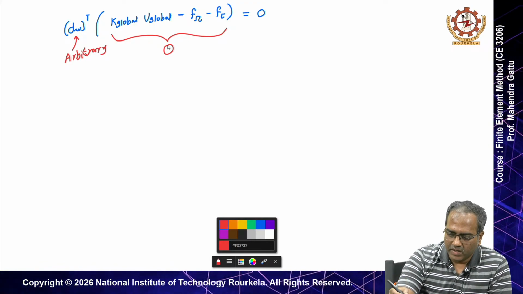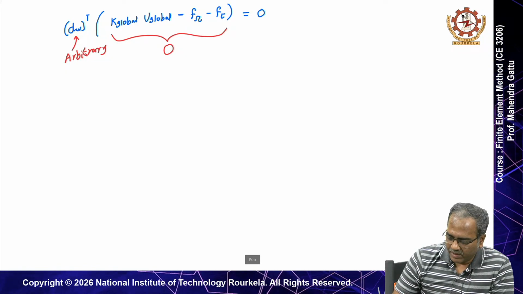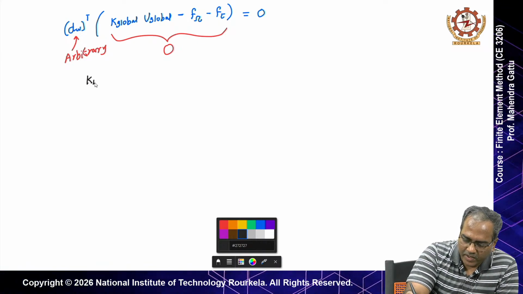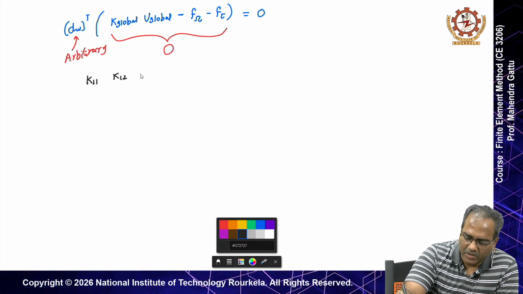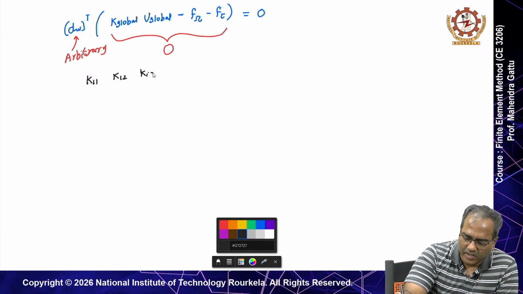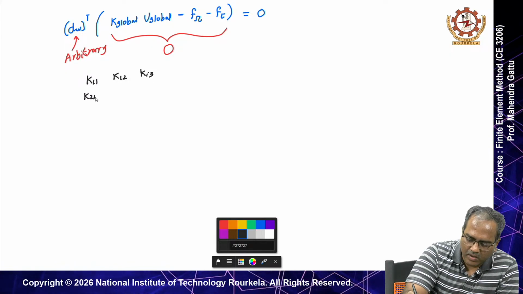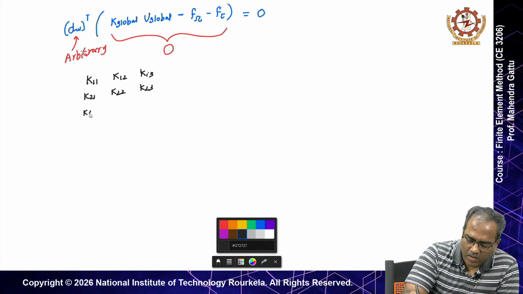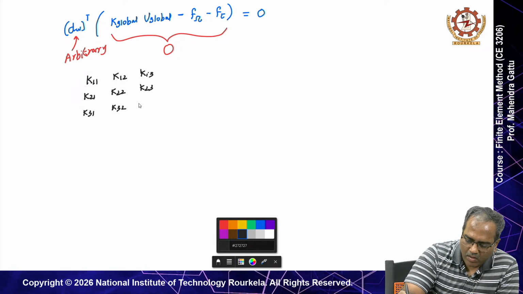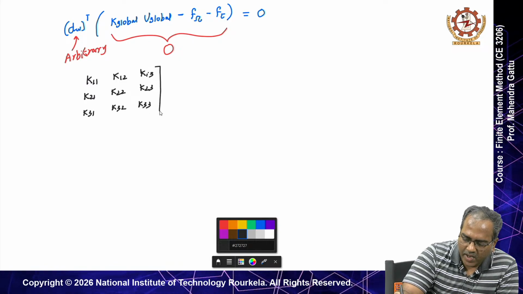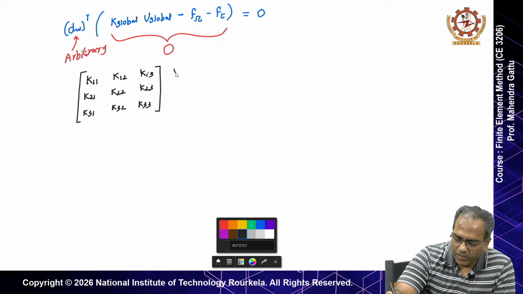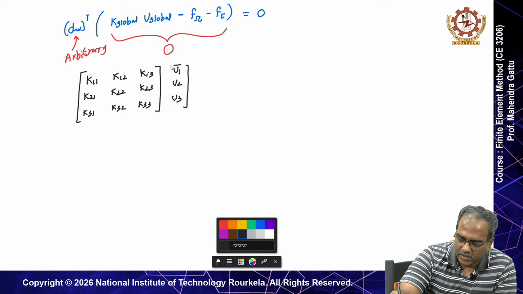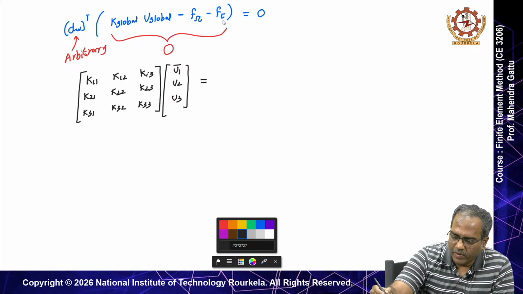So, let us summarize. If you look at the 3 node element, you will get a matrix like this. K global will be K11, K12, just for simplification, I will not write the actual values here. It is a symmetric matrix. And then we have our U1 bar, U2, U3, and this is equal to the global force matrix, F omega plus F tau.